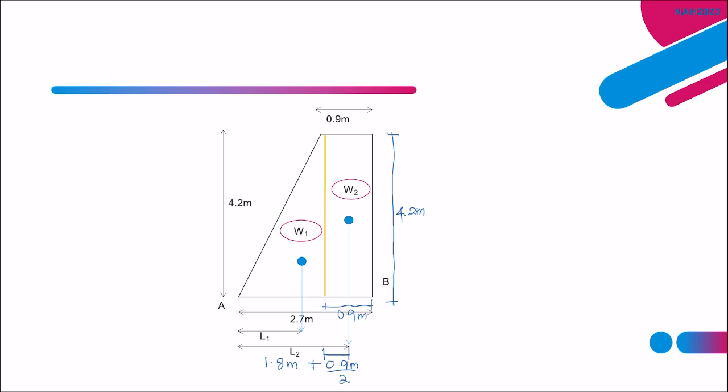So just add these two together. That is the distance to go to A, because it will rotate like this, at 90 degrees. The same goes for W1, also 90 degrees. Its distance to the point. Which point? Point A.